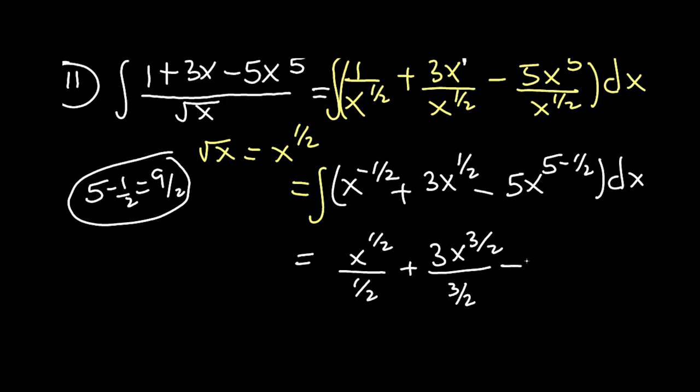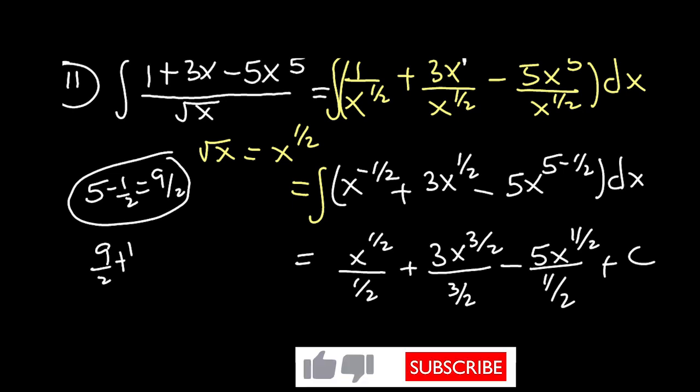Okay, and then minus 5x. Let's move into the integration. If you add 1 to 9 over 2, 9 over 2 plus 1 will give you 11 over 2. So x to the power 11 over 2 over 11 over 2 plus c. And that's that. You just need to tidy up the fraction.